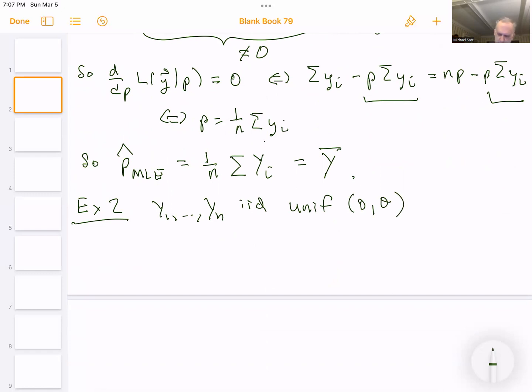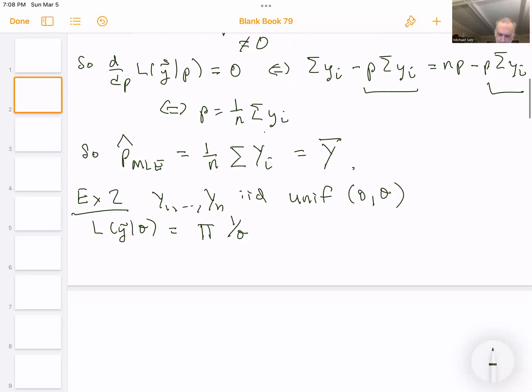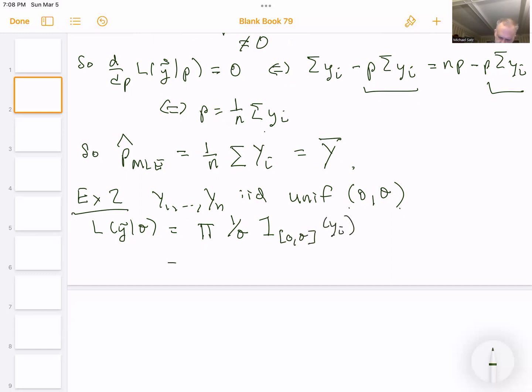Well then we've seen already that the likelihood function is equal to the product of 1 over theta, but I also have to control for the observations being between 0 and theta. So the way we do this is we'll use an indicator function, 0 to theta, of yi, which we can now summarize like theta to the minus n.